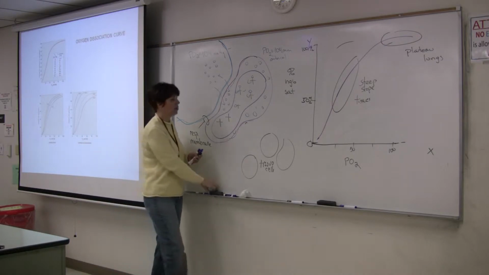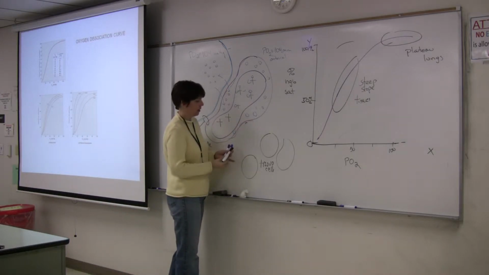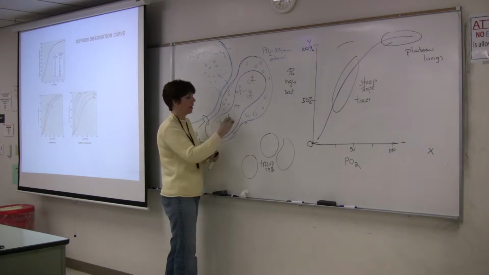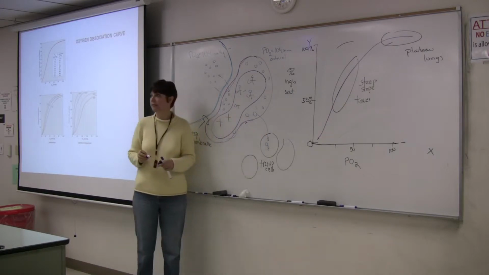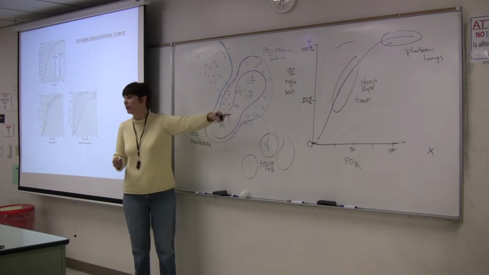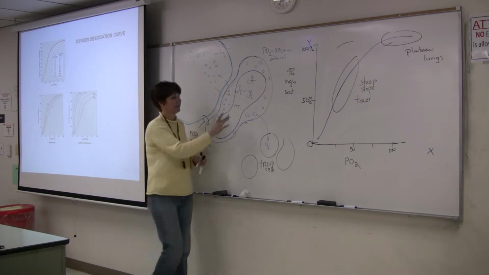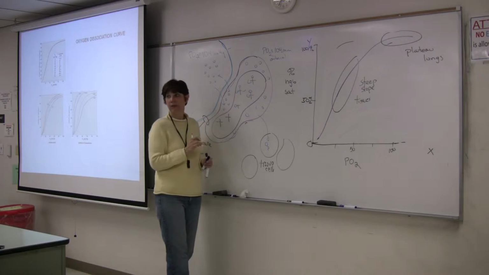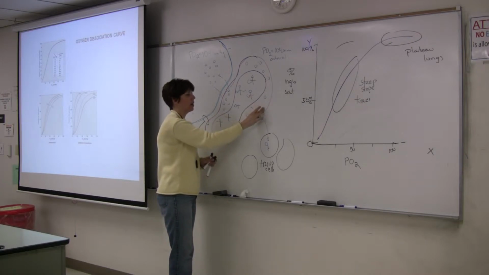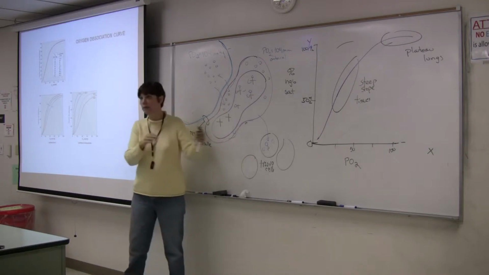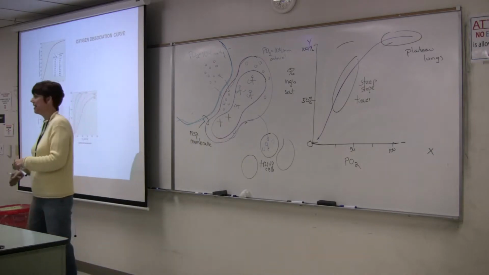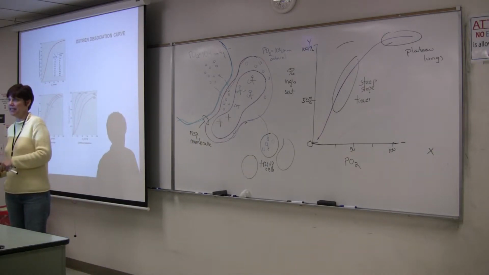So now the oxygen is going to be leaving the plasma and moving into my cell. What's that going to do to my PO2? So now in my tissues, my PO2 is going to drop as oxygen moves by its concentration gradient into the interstitial fluid and into the cells.